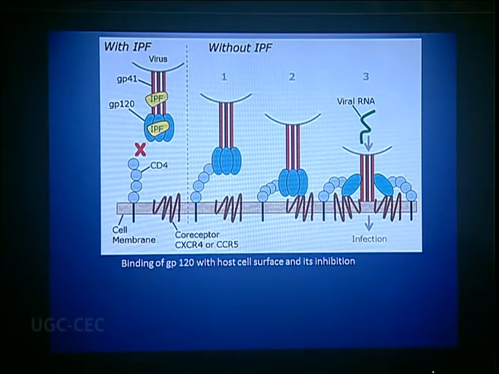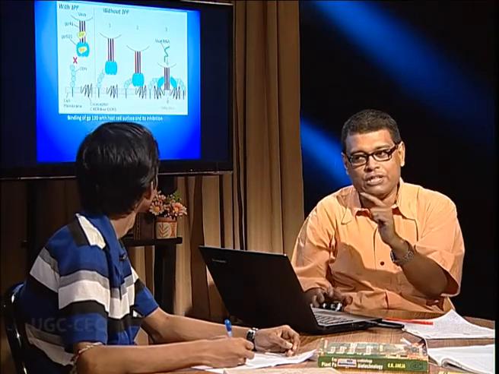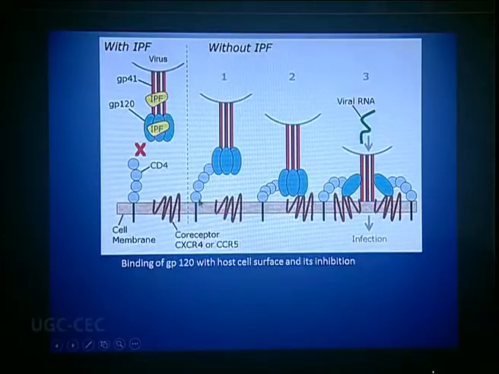But otherwise what happens is this particular virus, here it is the GP120, binds with the typical CD4 receptor, and the CD4 receptor now brings it closer. It's very unique. Now this photograph is really unique. You can see this bending of this CD4 receptor will bring in this particular GP120 closer to the receptor of CCR5.